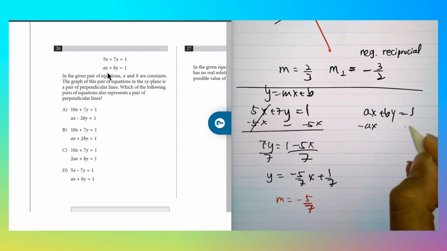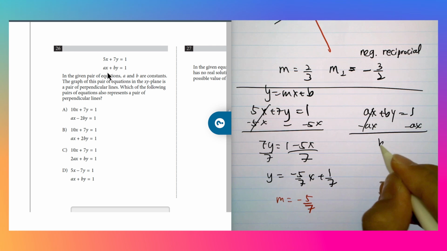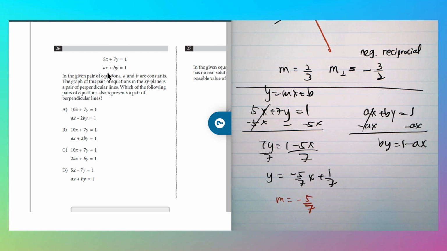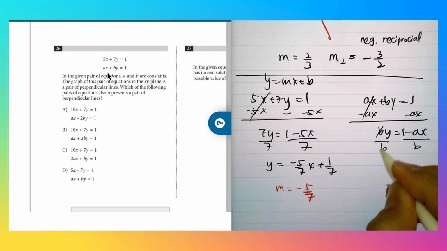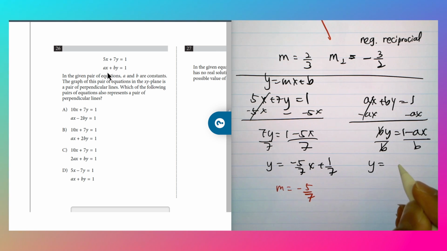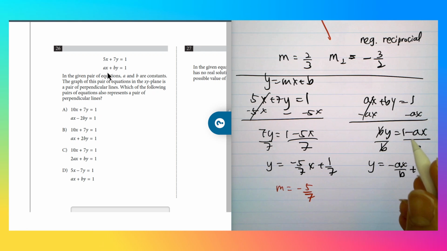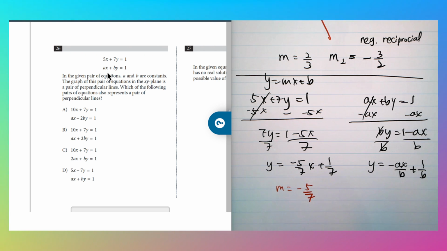Subtract ax on both sides. Cancel that. by is equal to 1 minus ax. And then divide both sides by b. Then you get y is equal to negative ax over b plus 1 over b. Okay, I just switched the order using the commutative property of addition, and then 1 over b is the y-intercept.